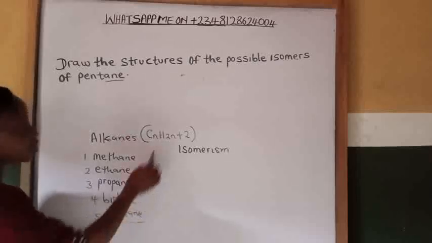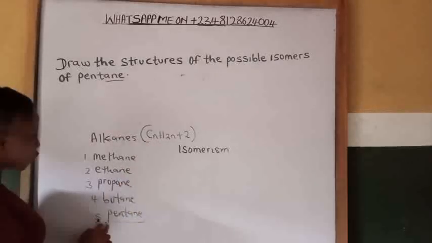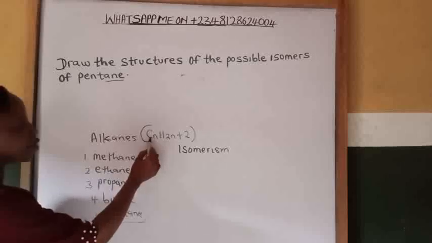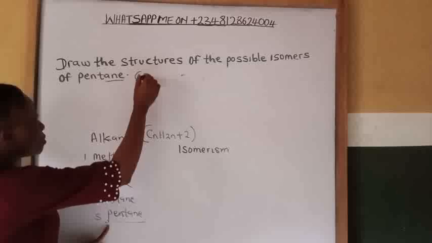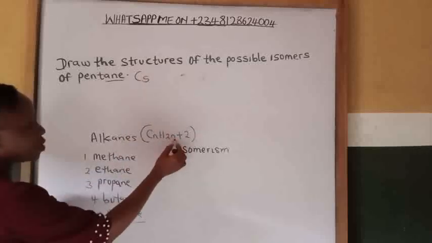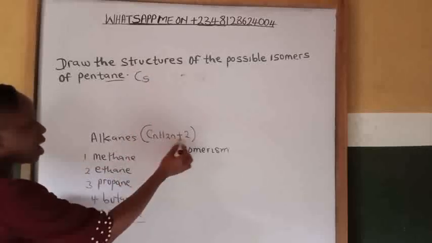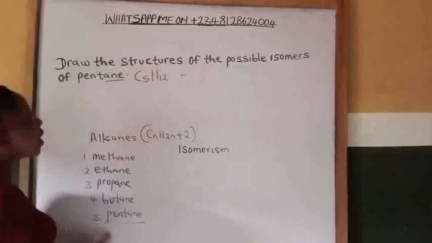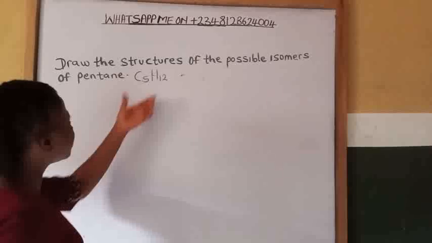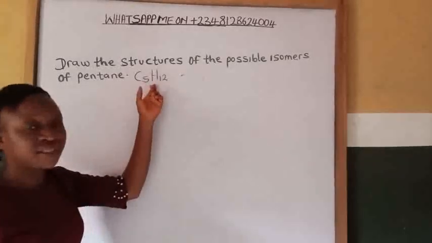Pentane is number 5, so n is 5. Let's substitute 5 into the general formula. C times 5 gives C5. 2 times 5 is 10. 10 plus 2 gives 12. So that is H12, C5. This is the molecular formula of pentane.